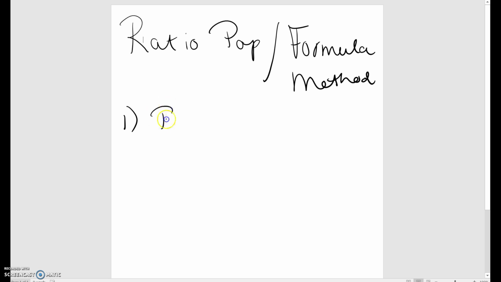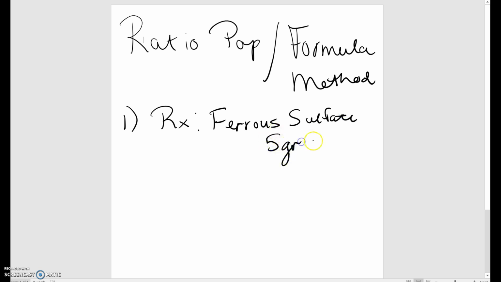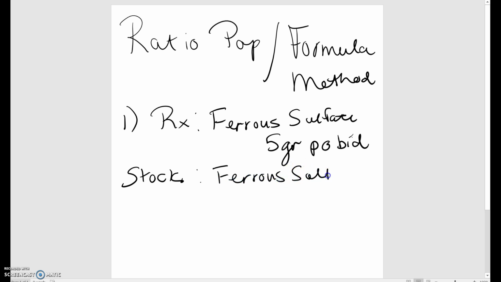So again, it tells you that a doctor orders ferrous sulfate 5 grains by mouth twice a day. What I have in stock is ferrous sulfate 325 milligram tabs. All right.